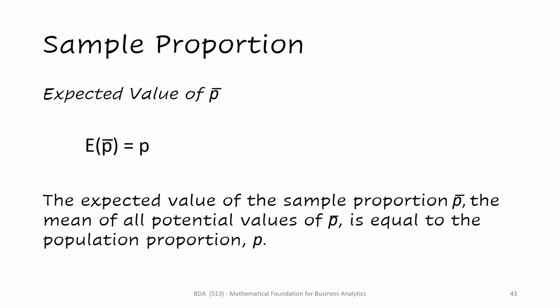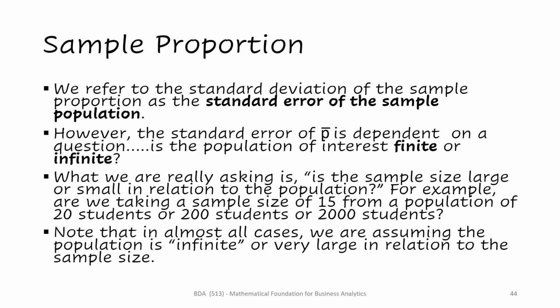We refer to the standard deviation of the sample proportion as the standard error of the sample proportion. Here the terminology is a bit different. The only difference is that the standard error of P depends upon whether the population of interest is finite or infinite.